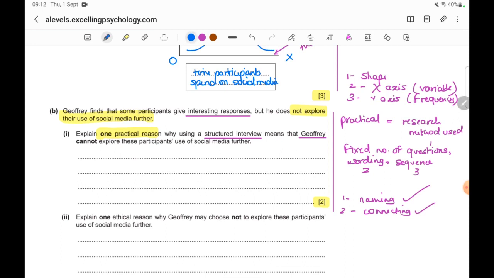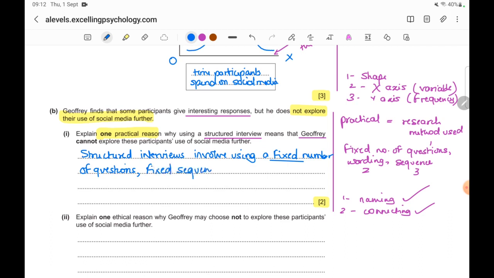So we'll begin with structured interviews. Involve using a fixed number of questions, fixed sequence, and fixed wording.